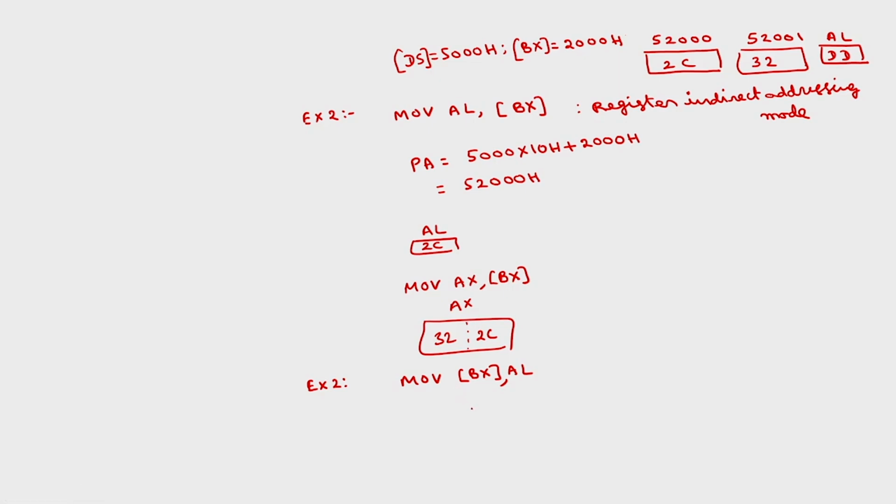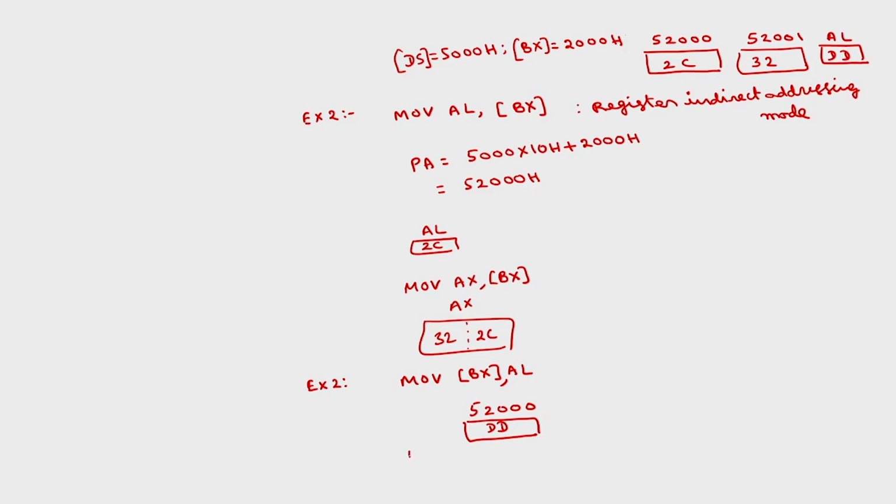After this instruction, 52000 will be loaded with the contents of AL, which before the execution I am assuming is DD. So this can be either from memory to register or register to memory.